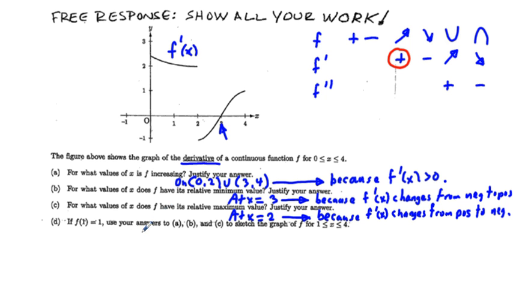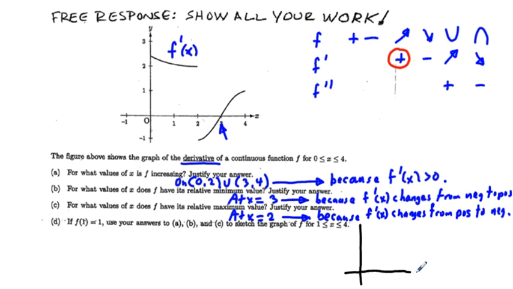Okay, if f of 1 equals 1, use your answers to A, B, and C to sketch the graph of f for x between 1 and 4. Okay, 1 to 4. I guess I'm going to do that below here. I think we have enough room. Okay, we have a graph here.